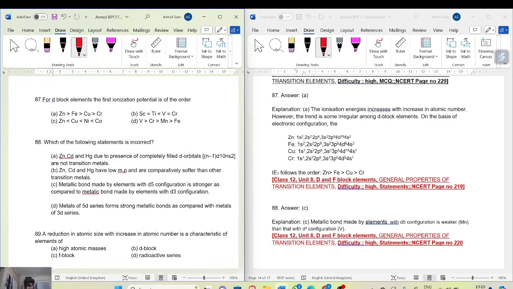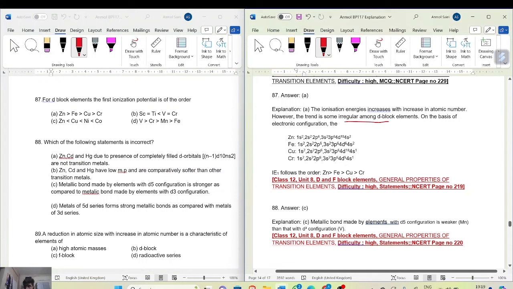But there are some irregular trends also in d block elements, so we will have to check by writing the electronic configuration. Here we write for zinc, then iron, then copper, then chromium. And now it is asking the order.